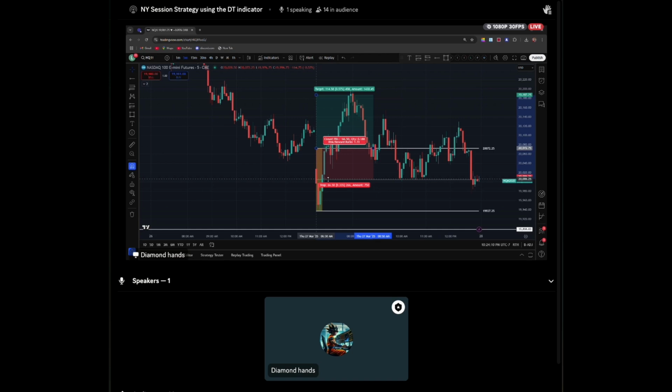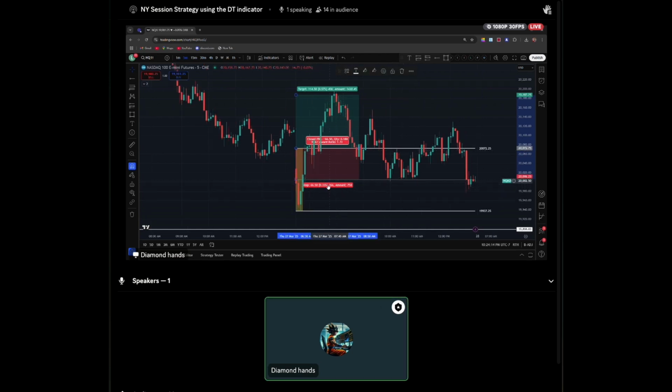Then in this case, it would be 266 ticks. But if you're going to go for 266 ticks, you want to go for a 1-to-1 as well. So in this case, your first TP would have been right there, 139. And this is where I pretty much TP'd with Randy this morning.